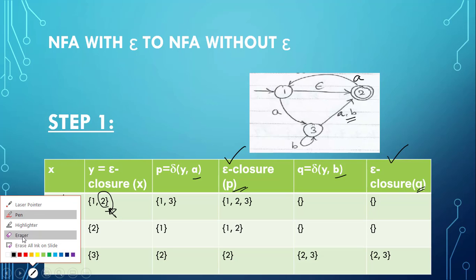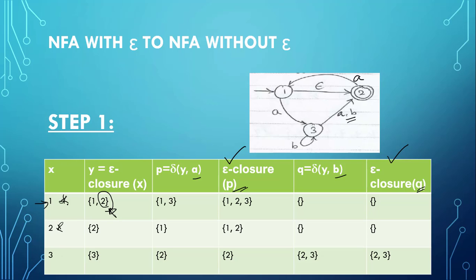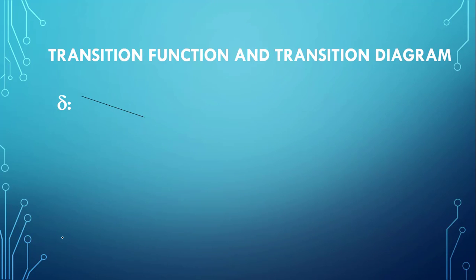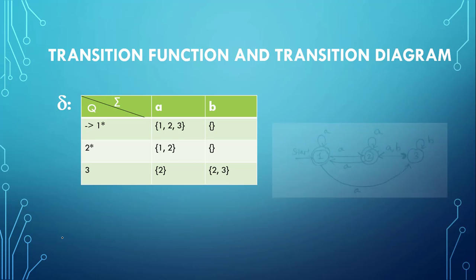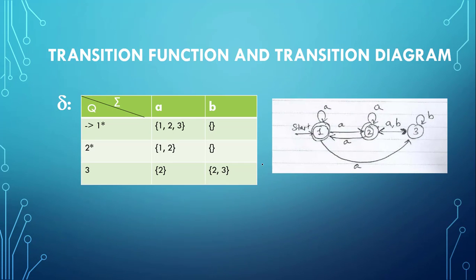My mistake, here 3 is not our final state. So we will have only 1 and 2 as our final states in the final NFA without epsilon. This is going to be our transition diagram, where 1 will be marked as our final state, 2 is already a final state, but 3 is not our final state, right?